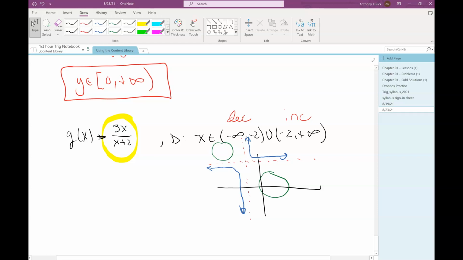Okay, so since this is decreasing, I'm going to be worried about f of negative 2. So when I do that, I have 3 times negative 2 over negative 2 plus 2.